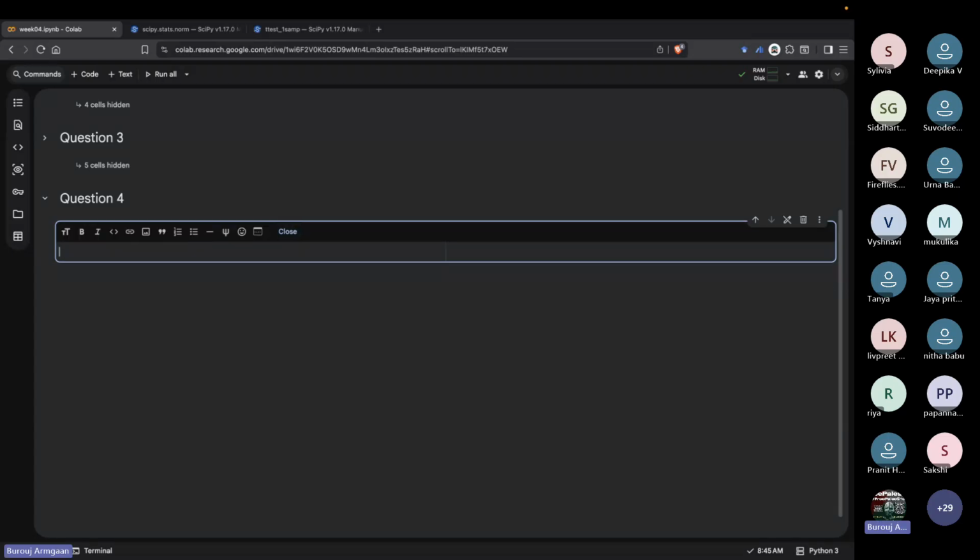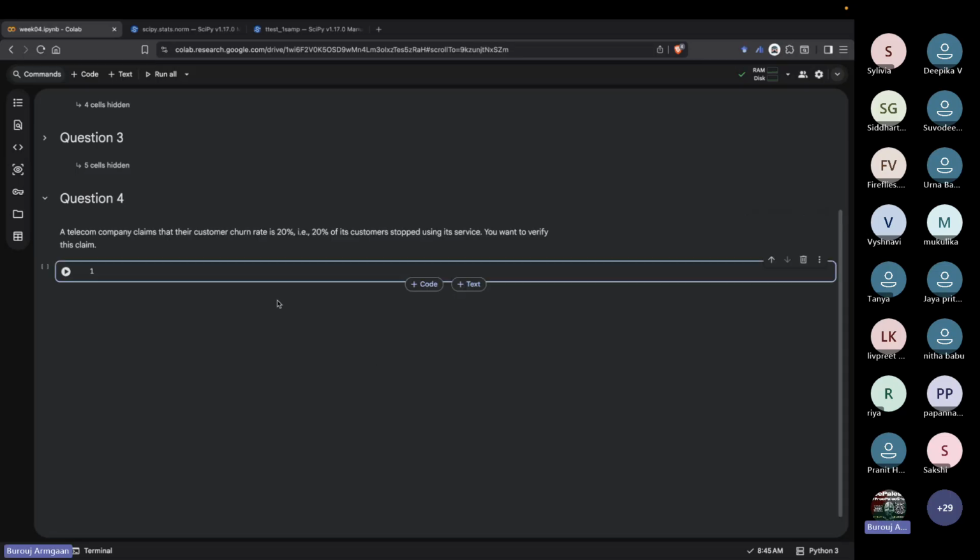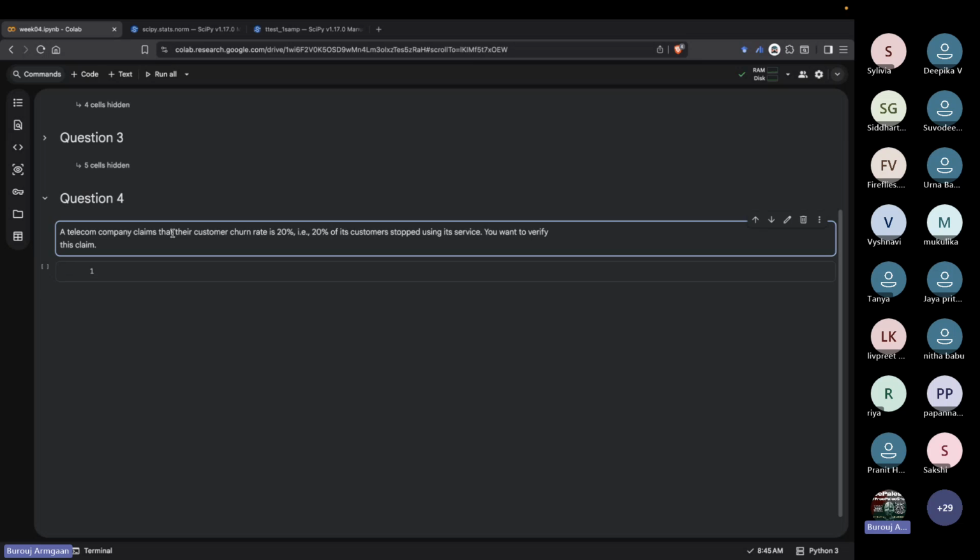Okay, so in this case, a telecom company claims that their customer churn is 20%, which means that 20% of their customers have stopped using their service. This is their claim. We want to verify this claim. That is, we believe that actually more than 20% drop their service. So this essentially is your proportion that Pranay was also speaking about earlier. That is 20% of something are dropping out.